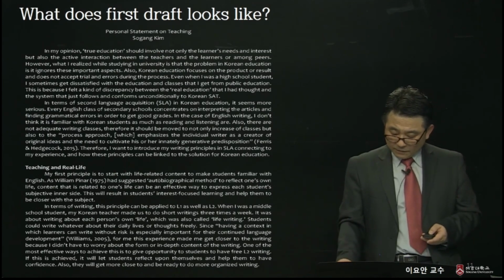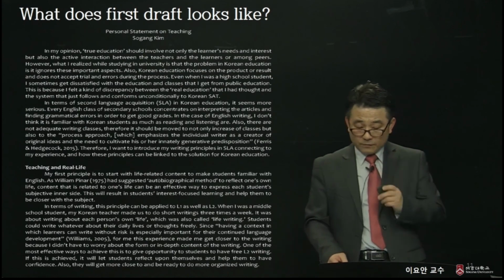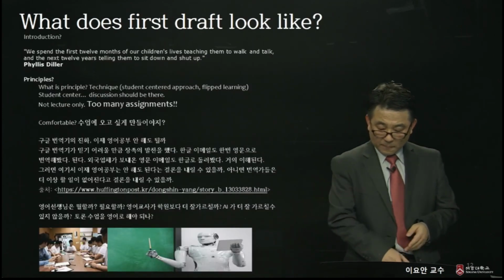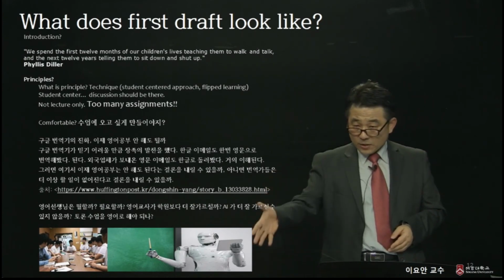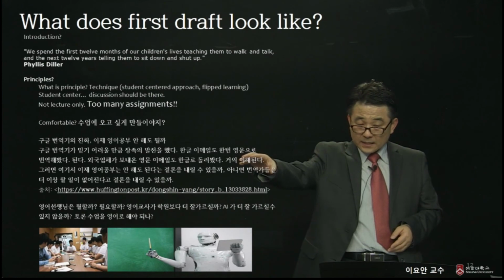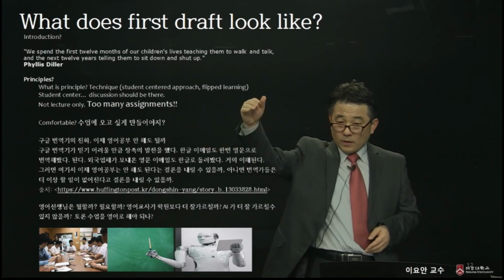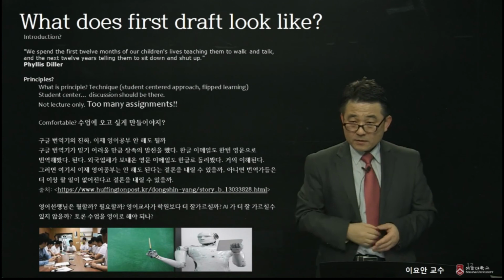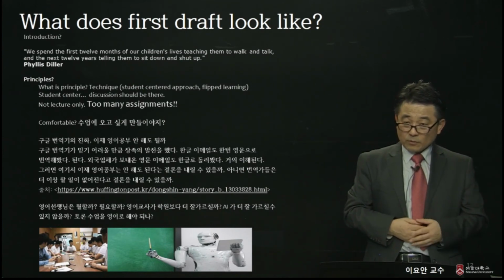This is kind of different from what Peter Elbow has been suggesting, particularly on the first draft. First draft, according to Peter Elbow, looks like this. You have a picture, you have internet passages you got, and sometimes you have your own observations or your complaints and so on, and you have some quotations from the book and so on.